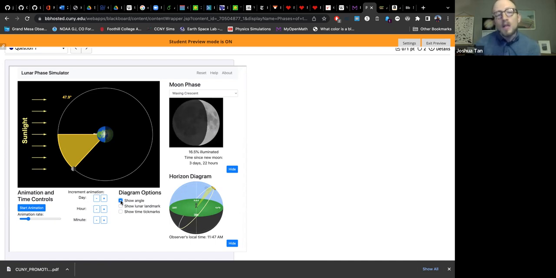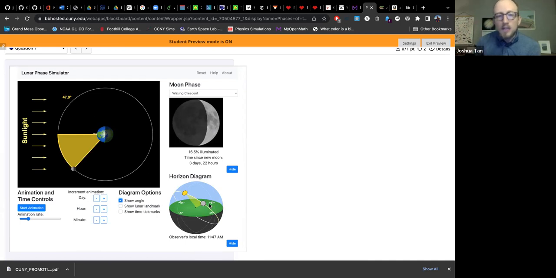So that can be a really useful thing to know, if I look at that angle, whether I can see the moon or not. But I can also go down here to the horizon diagram and I can see that, oh yeah, the moon is above the horizon right now. That means I can see it in the sky. In this case, it's something called the waxing crescent moon. That means that it isn't fully halfway illuminated yet.